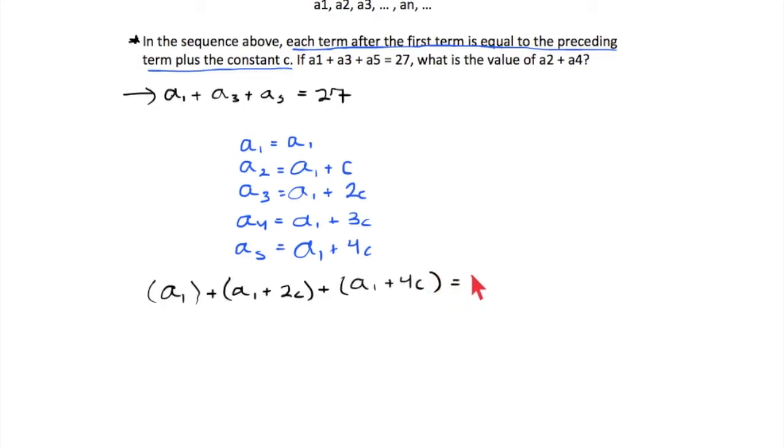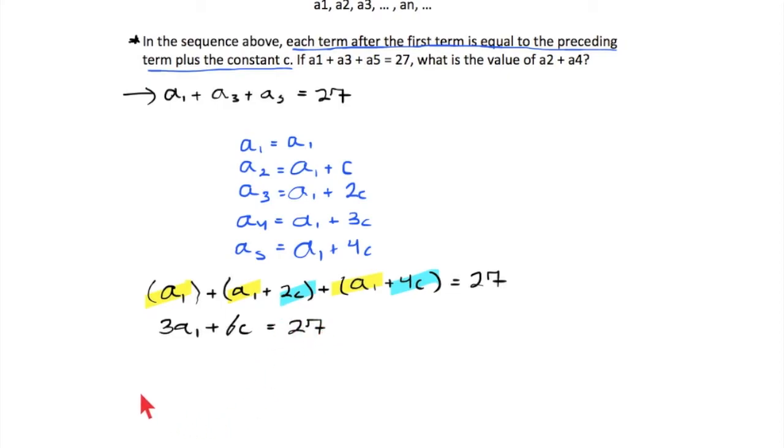And we know that all these things added together are equal to 27. Now let me combine some like terms. I've got some a's and some c's, so we have 3a1 plus 6c is equal to 27.